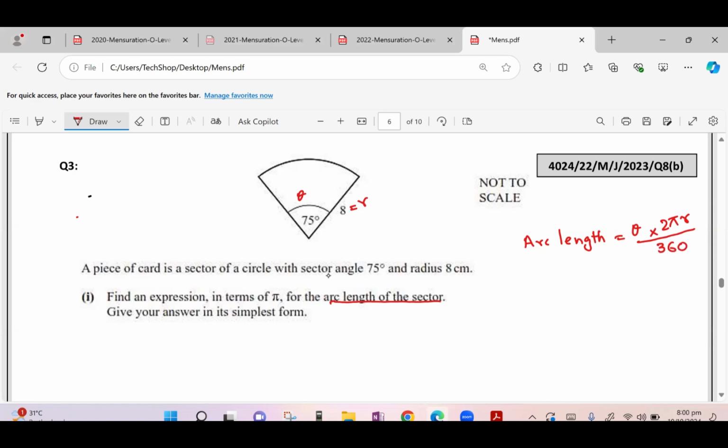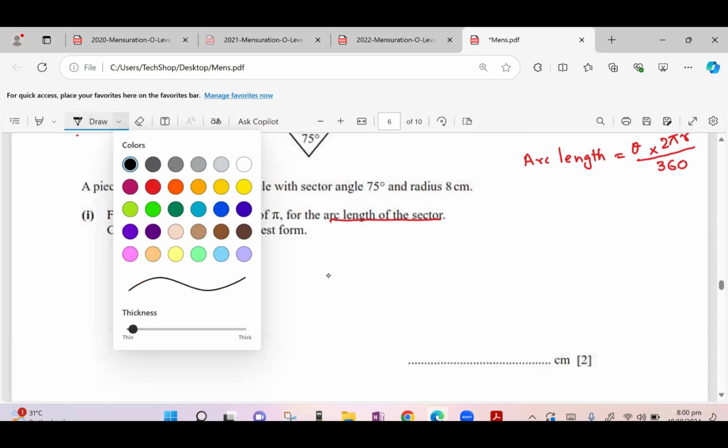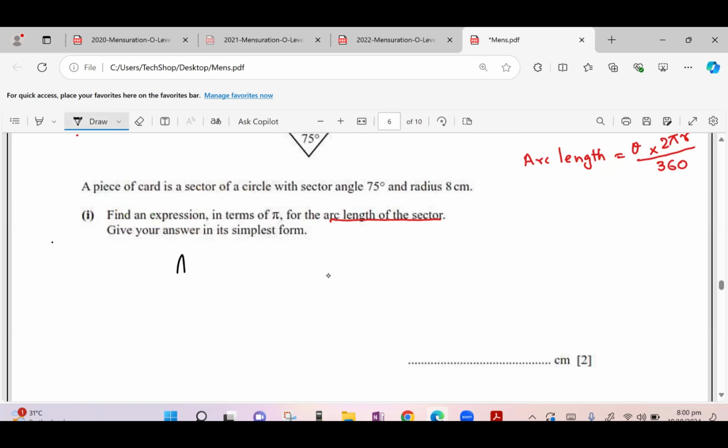Clear, Ryan? So that calculation will be easy. So recall, this is the formula of arc length: arc length equals theta over 360 into 2 pi r.